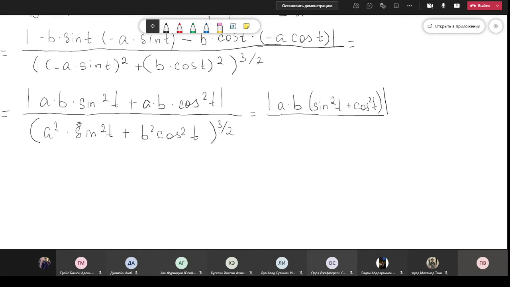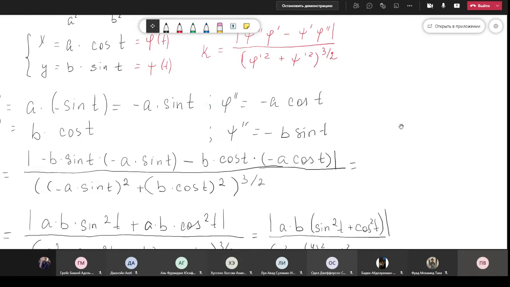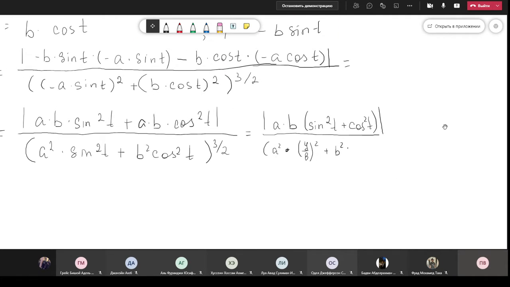It means a squared times y over b squared plus b squared times cosine. I show you, cosine is x over a, and it means cosine squared is x over a squared.